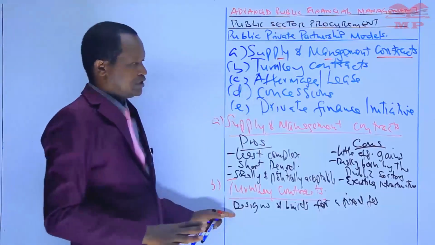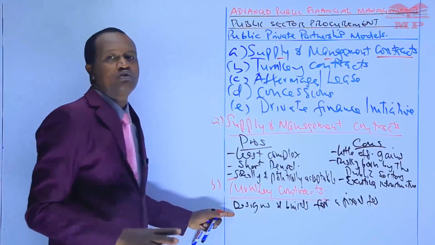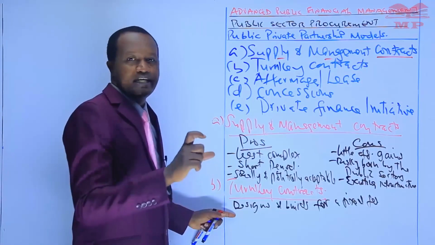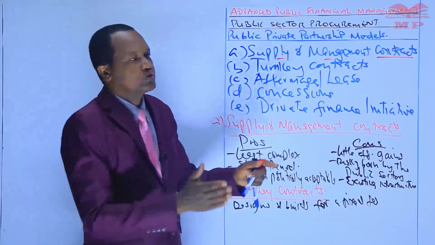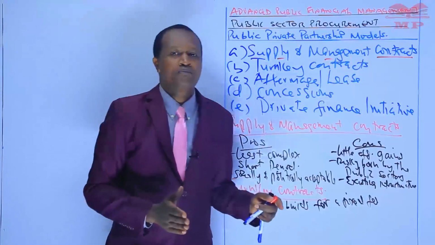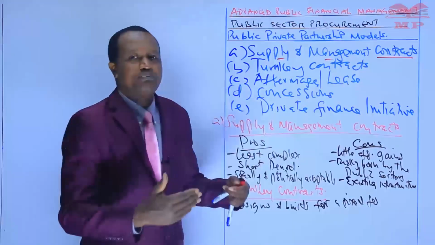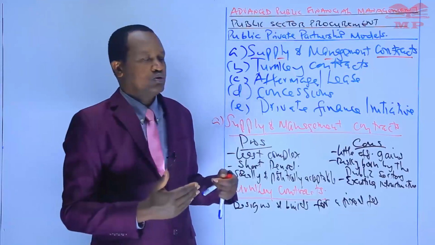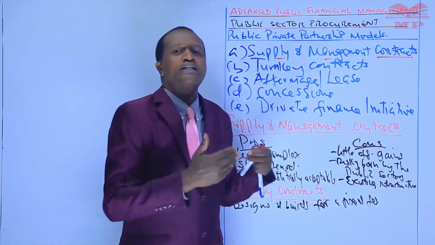Therefore, the private contractor assumes risks involved in the design and the construction phases of the facility or the project. The scale of investment by the private sector is generally low and for a short term.